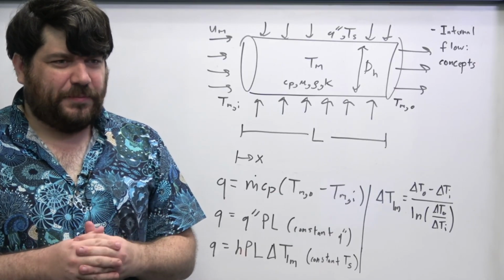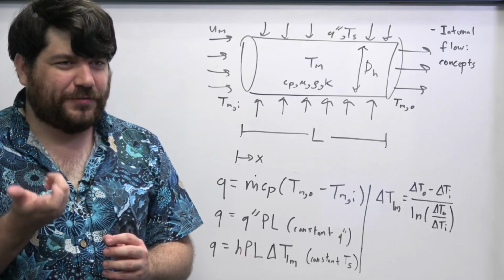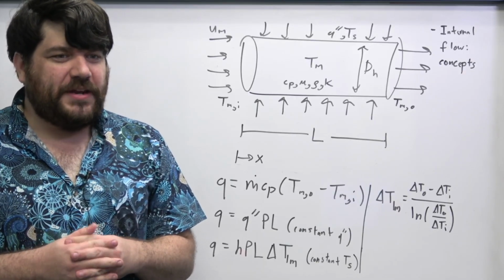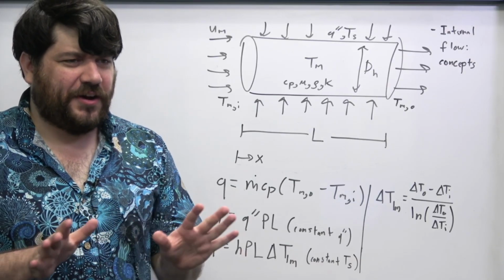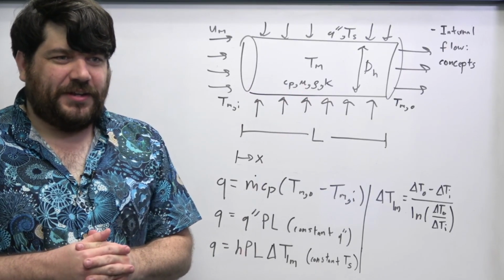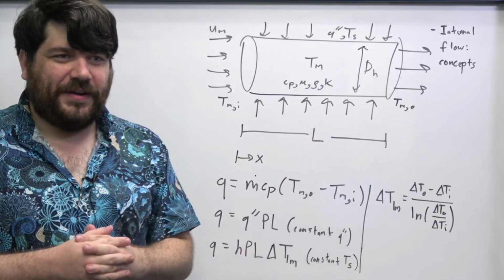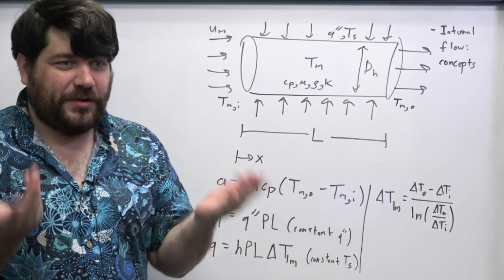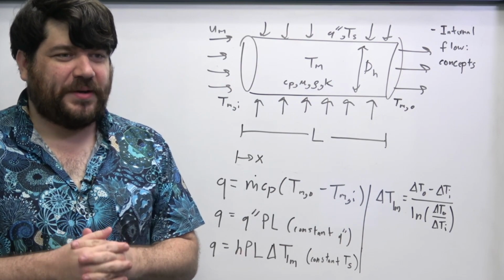But we can also set up two different equations that allow us to figure out what that heat transfer rate is independent of the mass flow rate, focusing only on either information given to us by the constant heat flux or by the temperature of the pipe, in a scenario where you have a constant heat flux or a constant surface temperature, respectively.